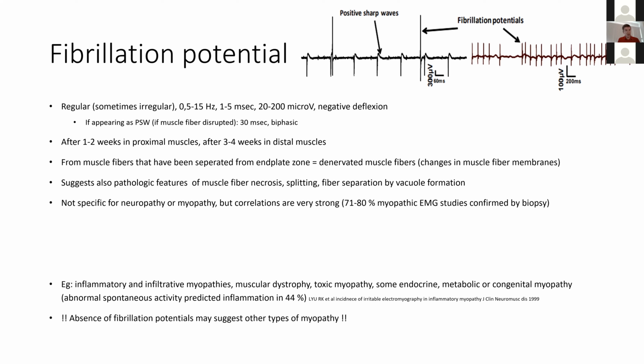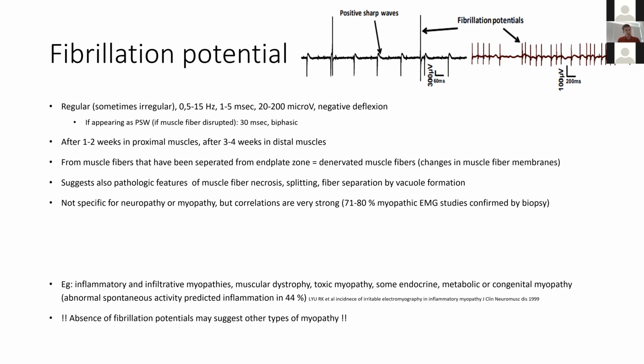They have a negative deflection at the start. If the muscle fiber is really disrupted, they appear as positive sharp waves. These are of a bit longer duration, up to 30 milliseconds, and they are biphasic. But in fact, the fibrillation potential and the positive sharp wave have just the same clinical significance.